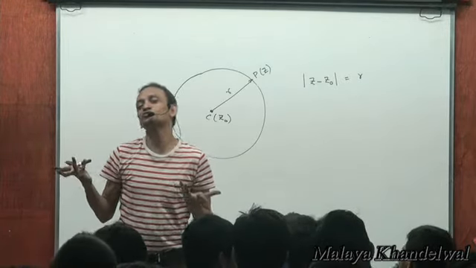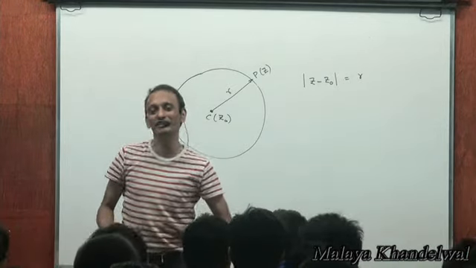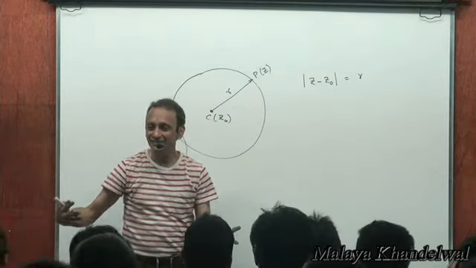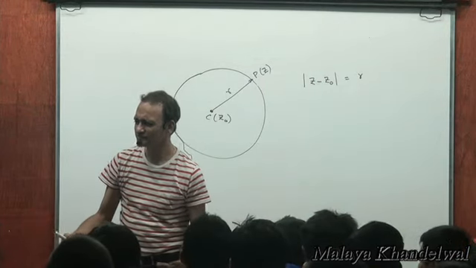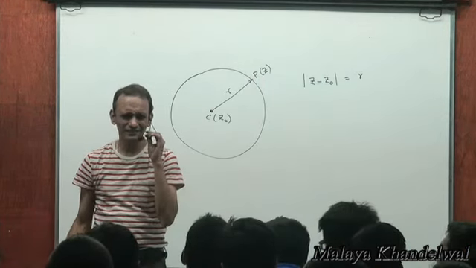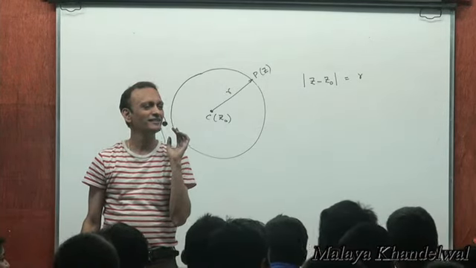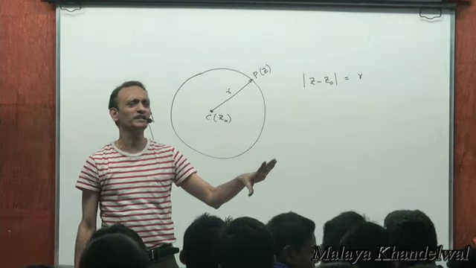Since it's too simple for you to assimilate, let me complicate this a little bit so that you feel you're going into a different plane. All right. Shall I do that? Complicate a little bit the equation of the circle? I will not do that x plus iy etc. anymore. That's child's play.